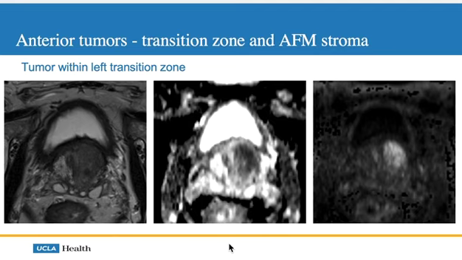This was a PIRADS 5 lesion. Again, we're not going to talk too much about why it's a PIRADS 5 versus a 4 versus a 3, but certainly a relatively large lesion here that is in the transition zone, kind of intermingled amongst the BPH, that can be a little bit difficult, a little bit subtle to see on the T2, and that's why these DWI and ADC images are just so critical.